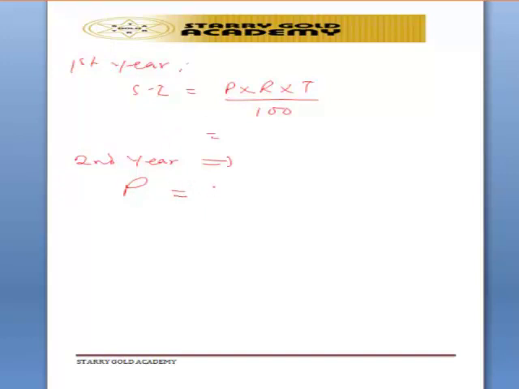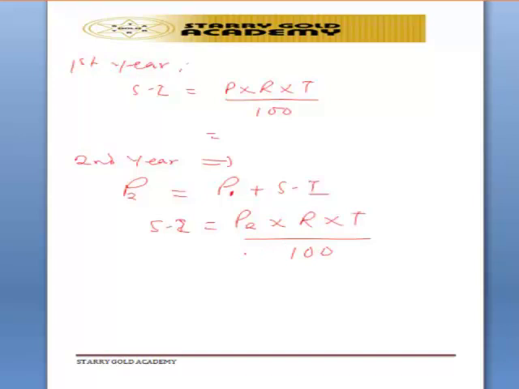Principal in year 2 will now be principal in year 1 plus the simple interest gotten. It's only the principal that will be changing. So our simple interest for that year will now be P2 times R times T over 100.